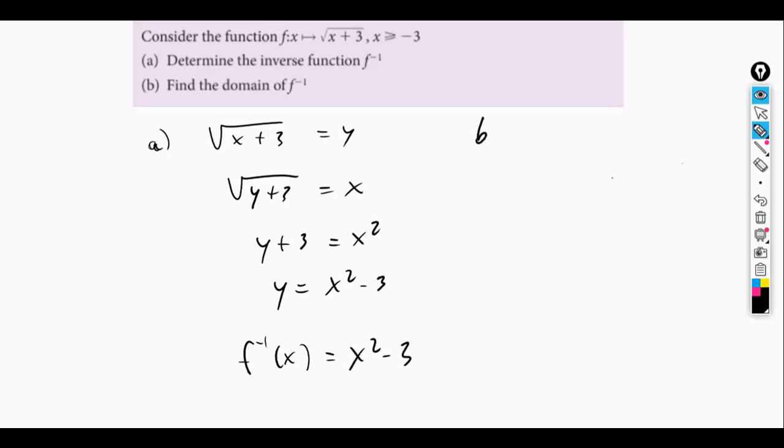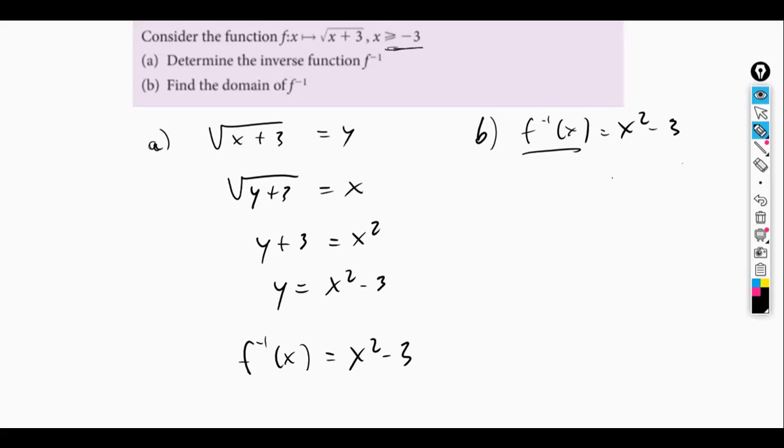Okay, for part B, they want us to find the domain of the inverse. So if you look at the inverse, the inverse is x squared minus 3. We might be tempted to say that the domain of this is R, but that would be false. The domain of this would be the range of f of x. So what's the range of f of x?